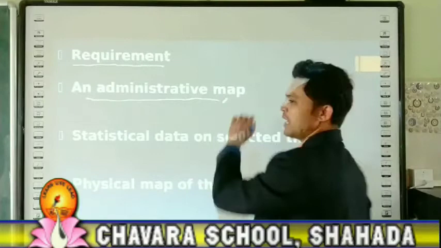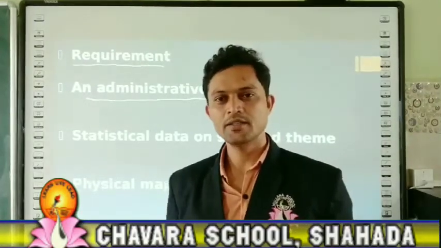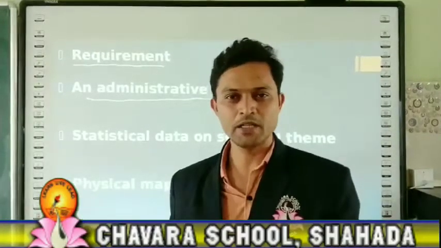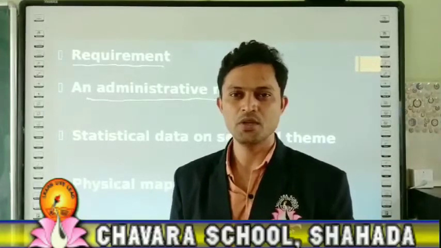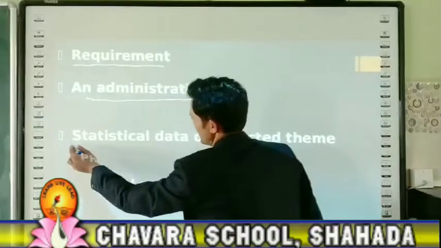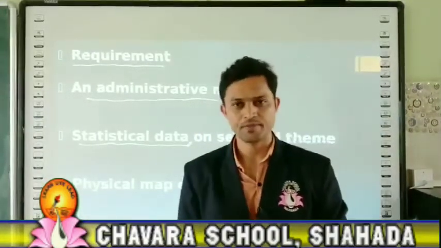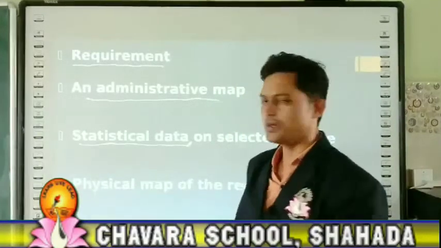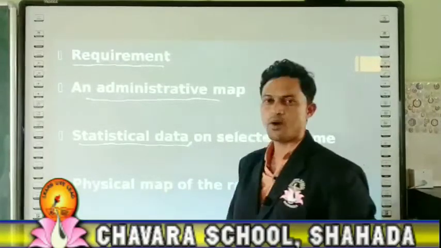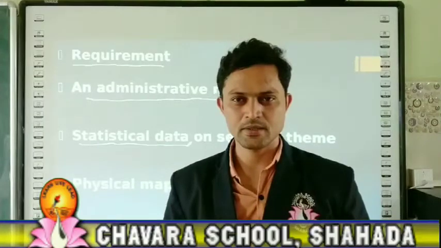This map should have its divisional boundary, block boundary and tahsil boundary, so that according to the respective area, you can show the distribution of different variables. Another important thing, you need the statistical data about that particular administrative division, and this statistical data should be gathered only through counting from those respective places.